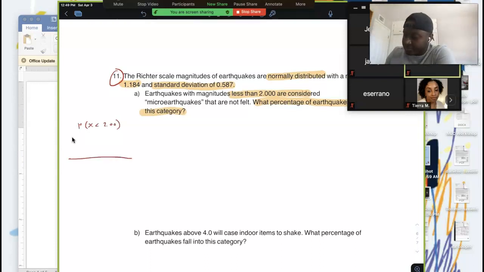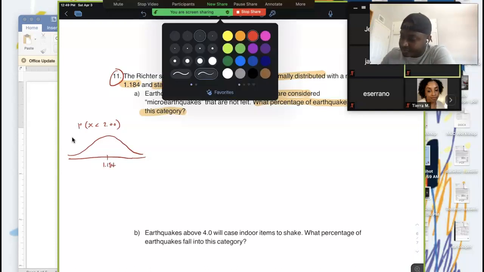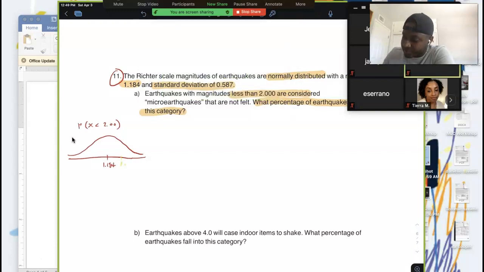So we're looking at our graph. We have 1.184 here. 2.0 falls here. So we're looking at everything to the left of that because it's less than.